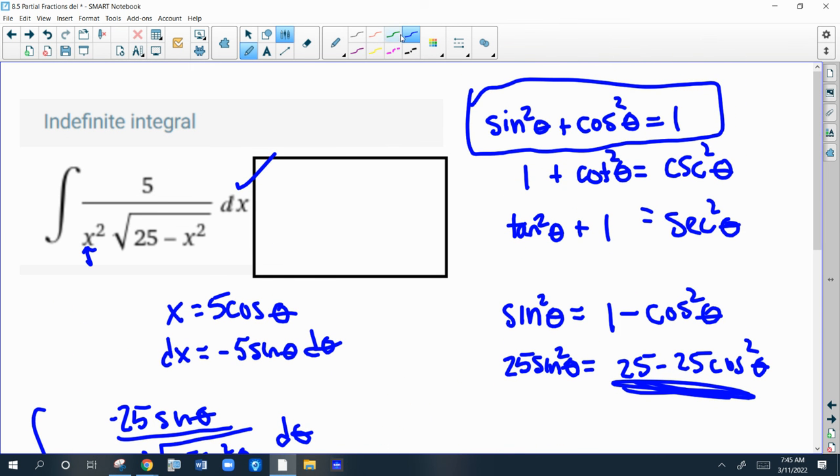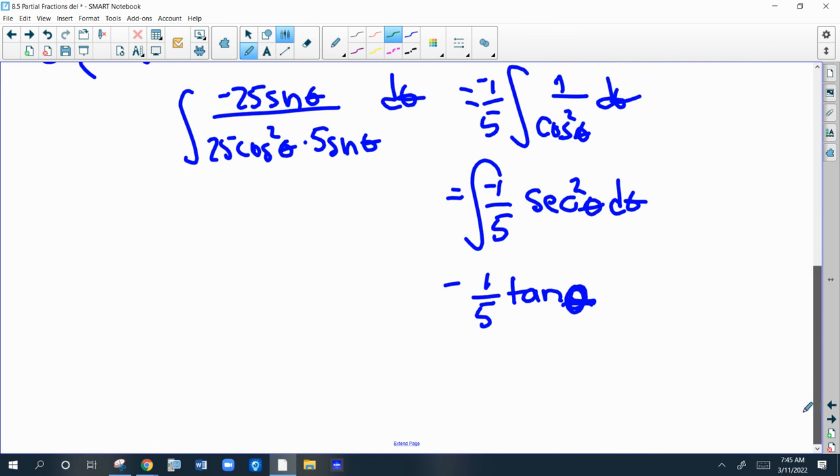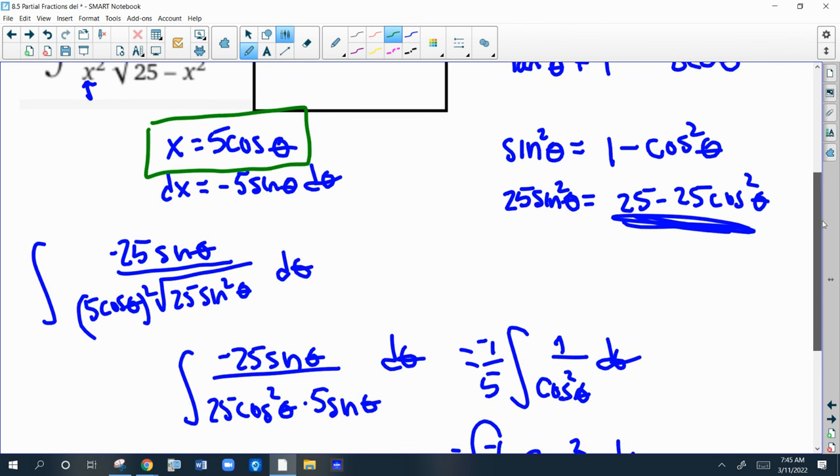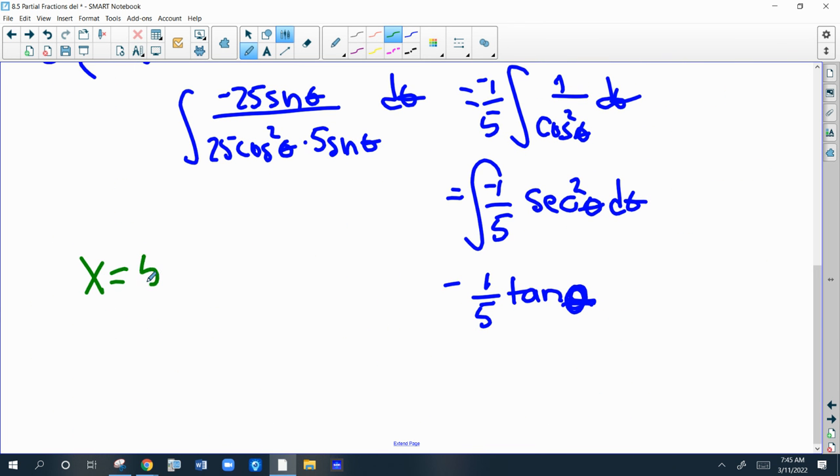But I do have this. So we know x. This is a normal process in this type of problem. X equals 5 cosine theta. The easiest way to accomplish this is with quick trig. That means cosine theta is x over 5.